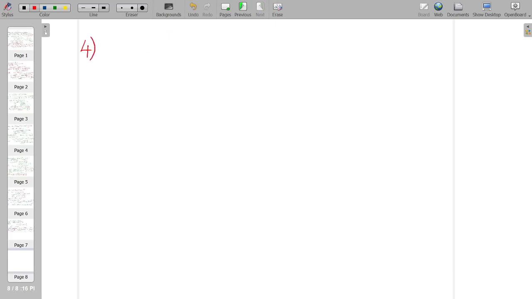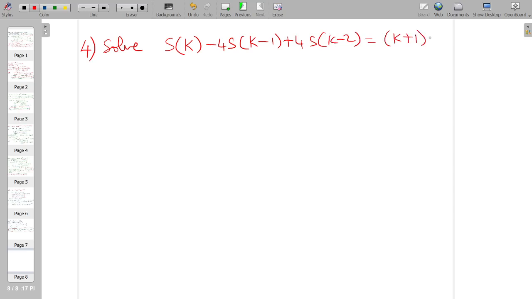Now I will solve another problem wherein the right hand side is a product of a polynomial as well as a^n. Let us see here. Solve s(k) minus 4 s(k minus 1) plus 4 s(k minus 2) is equal to (k plus 1) into 2^k.